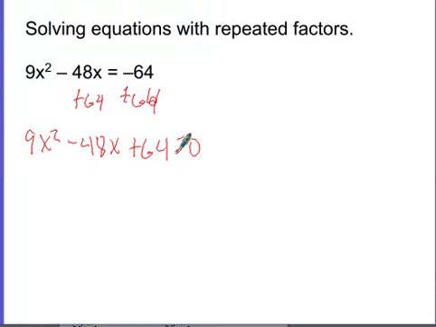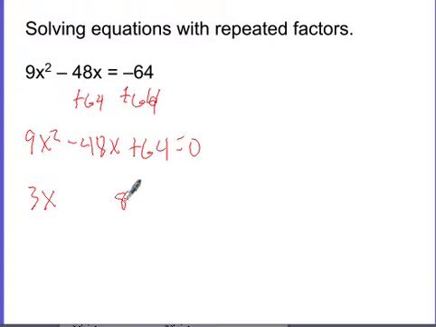Can I factor anything out? 3 does not go into 64. So can't factor anything out. Now the question is, is a a perfect square? Yeah. Is c a perfect square? Yeah. So we'd have 3x times 3x is 9x squared, and 8 times 8 is 64.